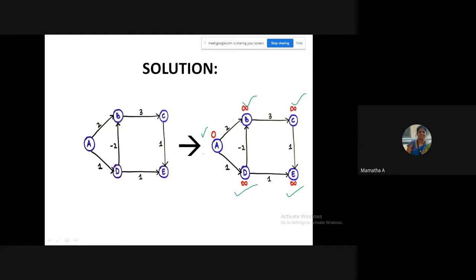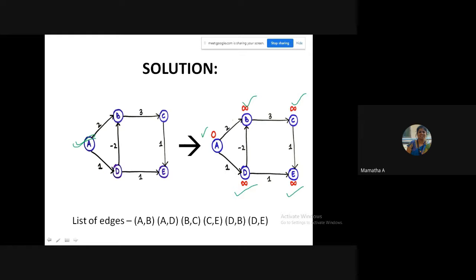So D of A, and I am assuming now A is my source vertex. I'll have to find the shortest distance from A to B, A to C, A to D, as well as A to E. Before moving on, I'll have to list out all the edges. This is a job of yours to do in the right way.